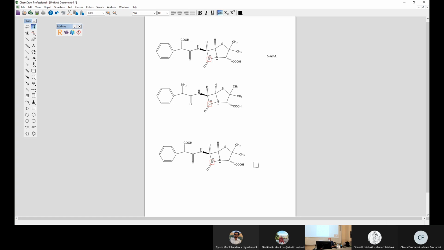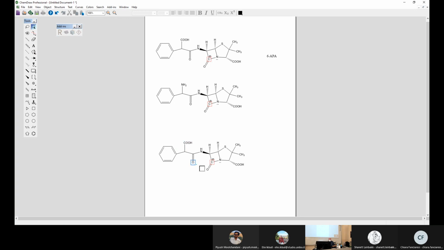if we take orally this type of penicillin, carboxypenicillin, with this additional carboxylic group, in the stomach, in the acidic environment, we have the decarboxylation of this COOH.